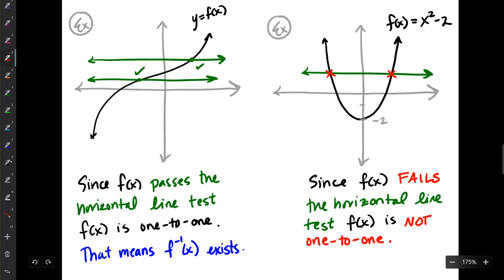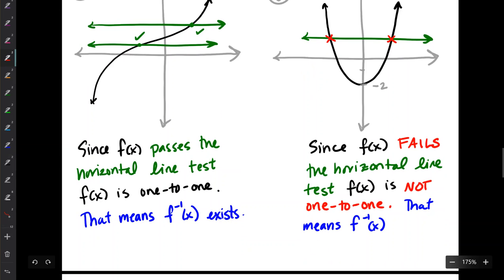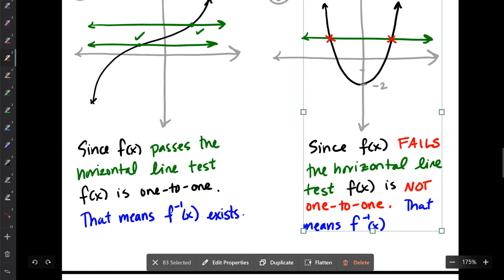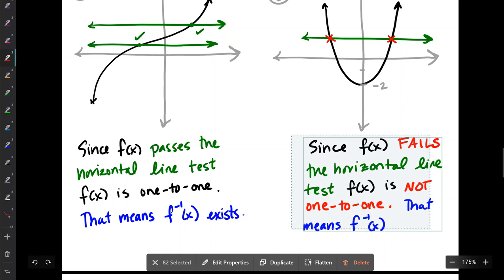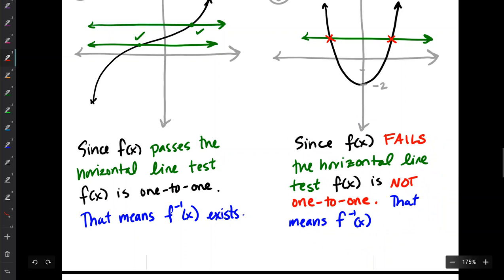All right. What does that mean? That means f inverse doesn't exist. The inverse is not a function. Yes, you can switch ordered pairs, but it's not a function. I'll just say does not exist.